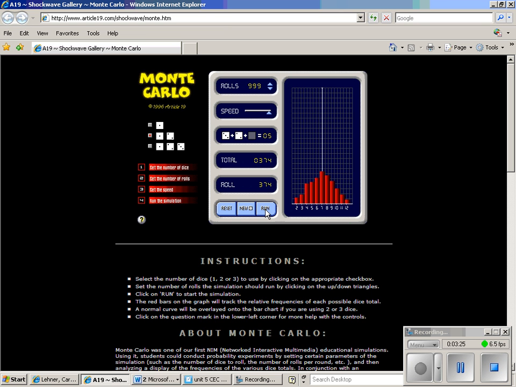So this is going to continue for 999 different rolls. And we're going to see what kind of a graph we end up with. Seven still is occurring the most. And what you should be noticing is that roughly each side is symmetrical to that middle.